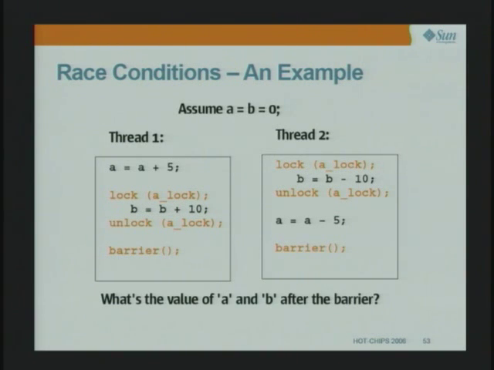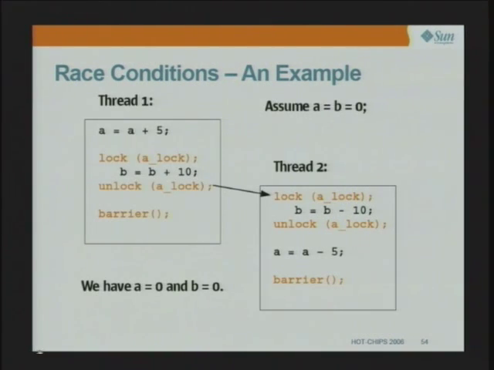What's the value of A and B after the barrier? It depends on how the threads are scheduled. If the code is scheduled this way, the lock in thread 1 happens before the lock in thread 2. In this case, A will be 5, B will be 10. Then B will be 0, and A will be 0. So the result is A is 0, B is 0.